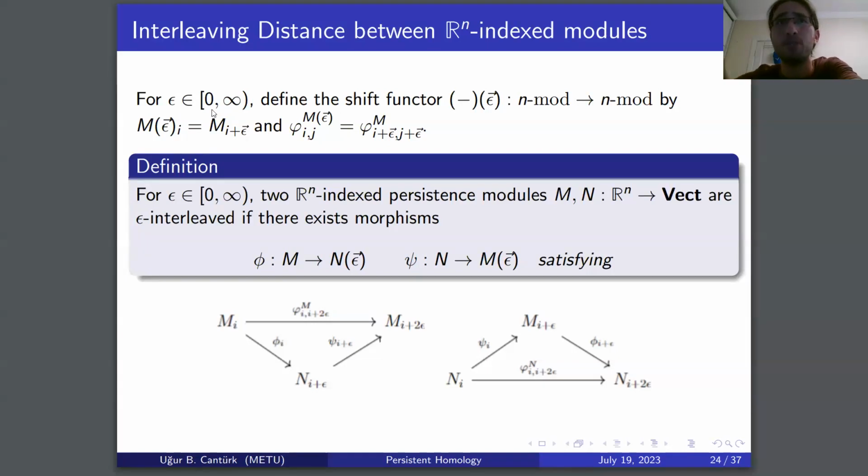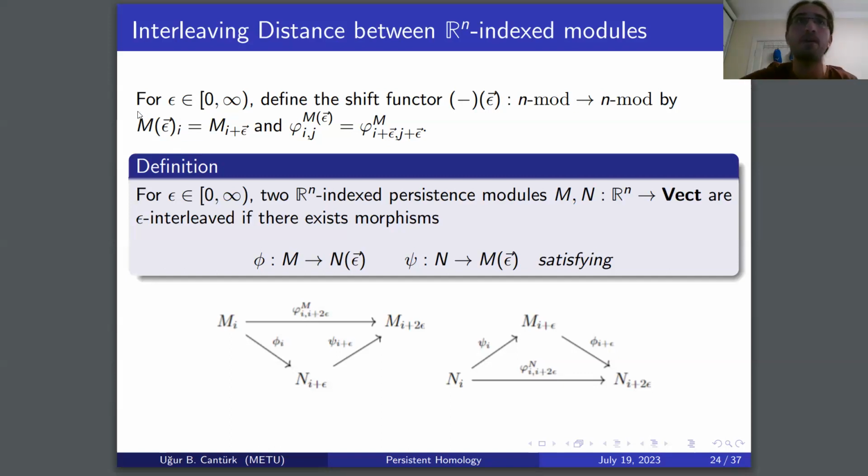We start with an epsilon, which is a real number, positive or zero. Then we define a shift functor from Mod to Mod, where Mod means the category of n-parameter persistent modules. If you take an M and send it to M(ε), it will be a shift of the previous one.